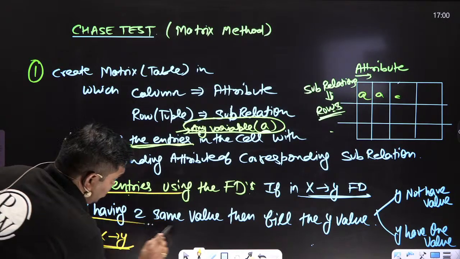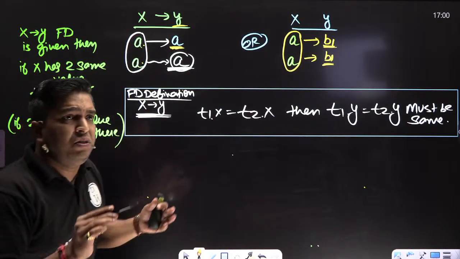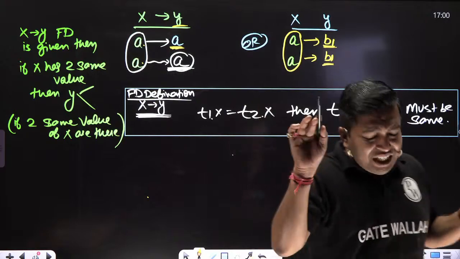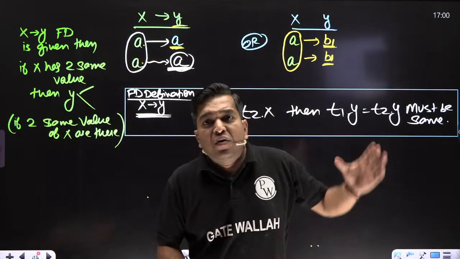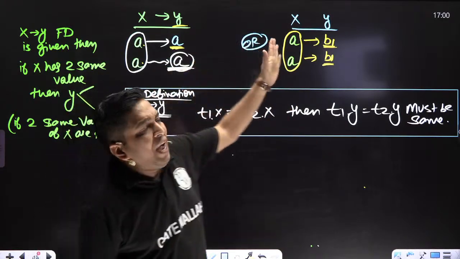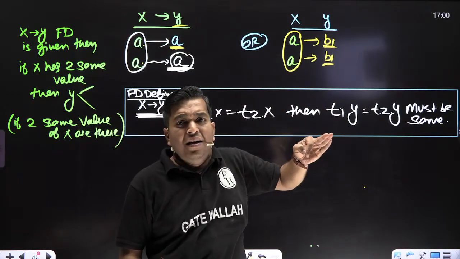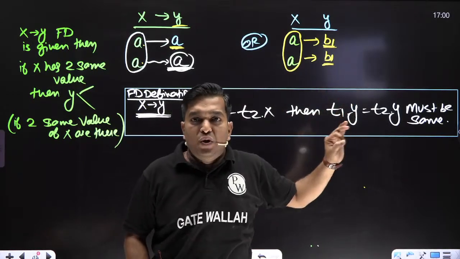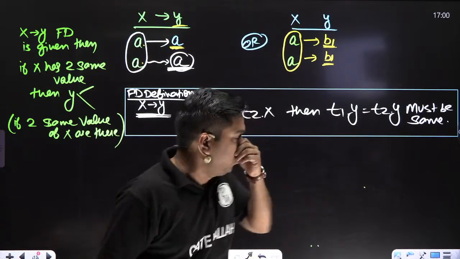If X has two same values, then there are two possibilities. If Y has only one value, then fill a. If Y does not have any value, then instead of filling a, you fill B1. That is directly mentioned in the Ullman book also.